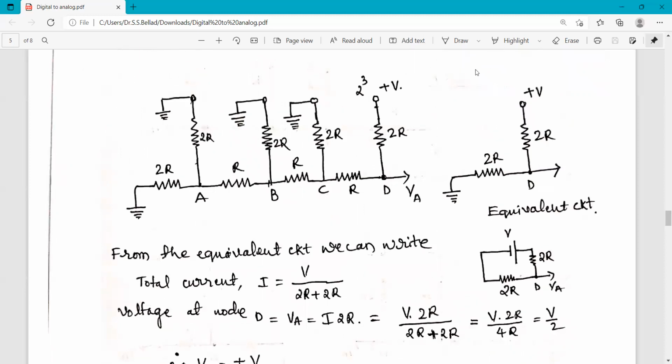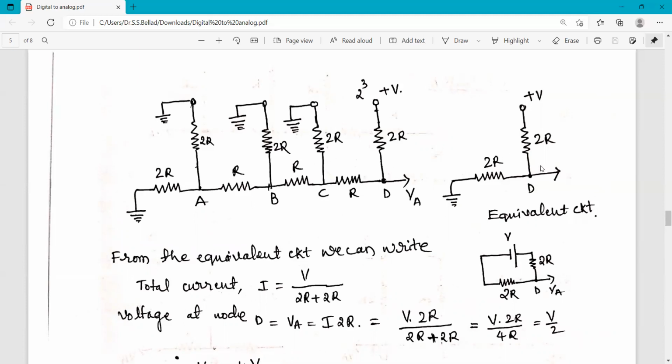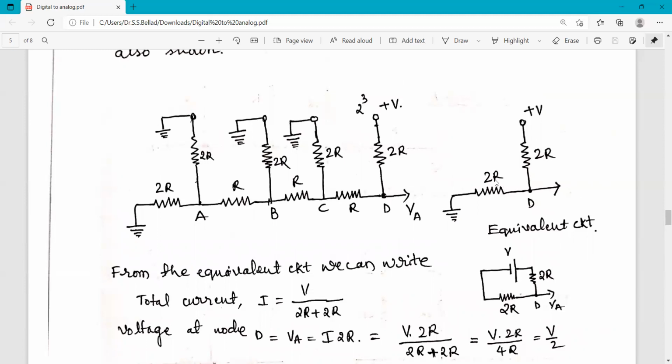As this circuit was reduced earlier step by step, the equivalent circuit of this is written in this way, because all these are connected to the ground, they are parallel. We have to go on reducing. So lastly, you will get this as a 2R.